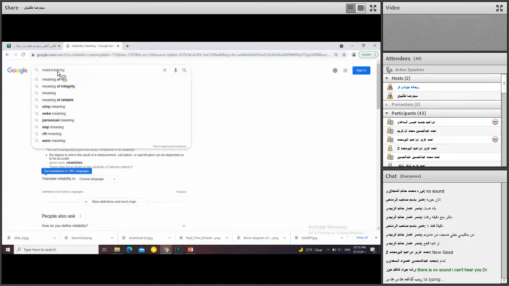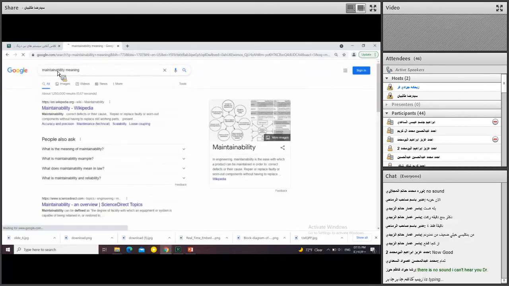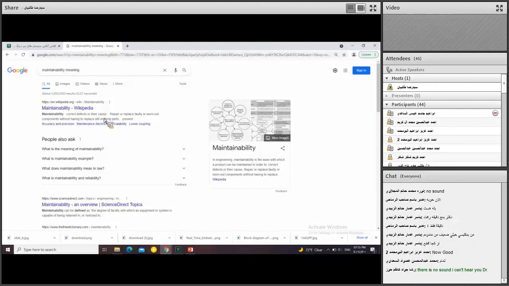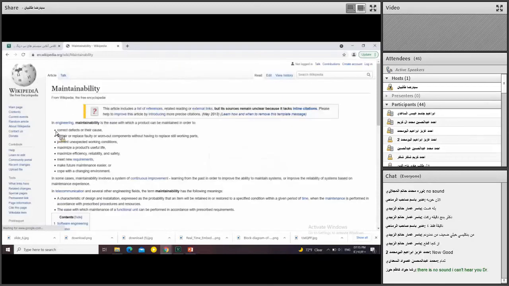And maintainability: correct defects or their cause. Excuse me, let me see this better.